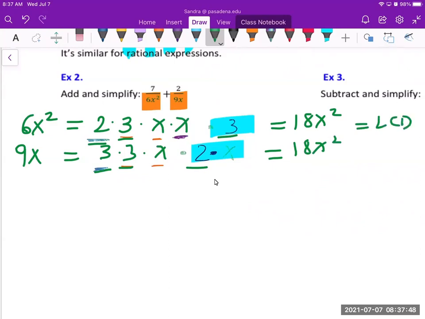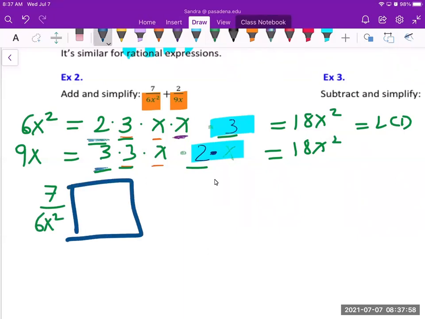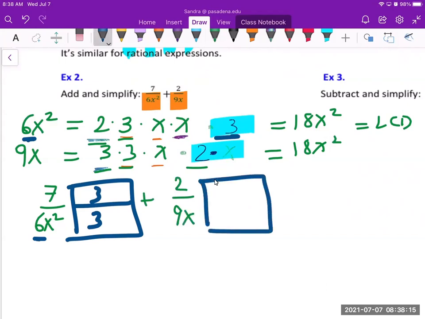Let me go ahead and copy my fractions. So this is 7 over 6x squared. And I am going to write my missing number. The 6 belongs to this one, and so the 3 is the one I'm missing. Then plus 2 over 9x, and you can see that I am missing in here the 2x.